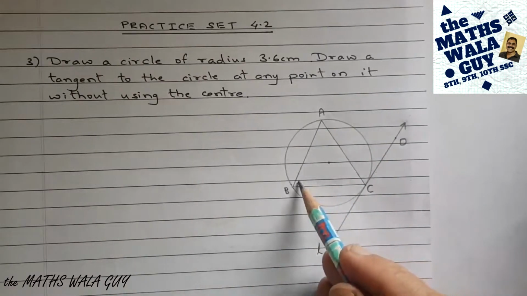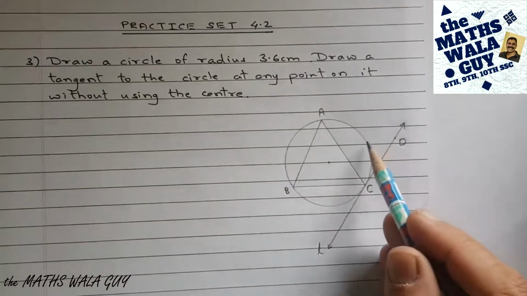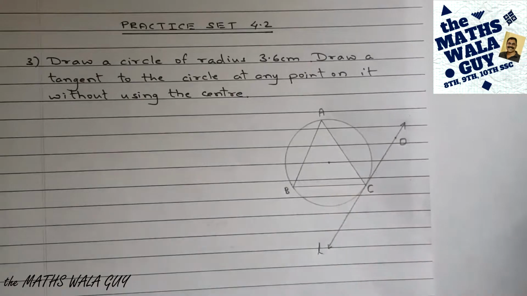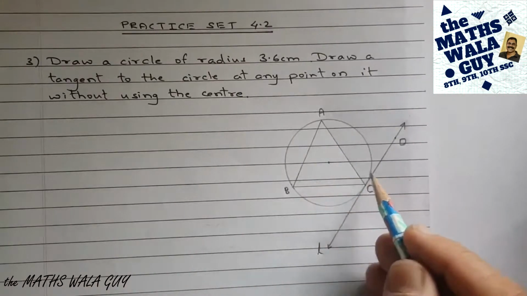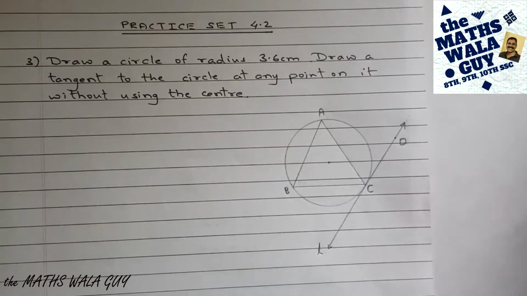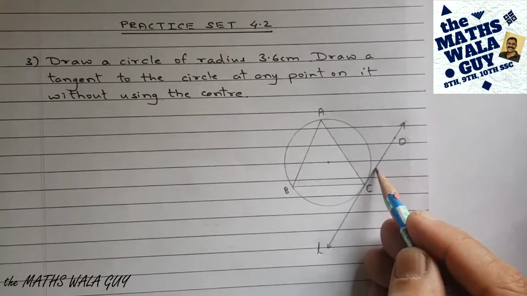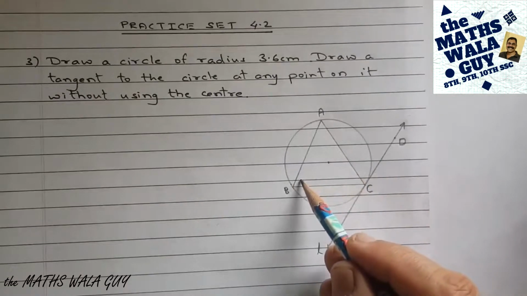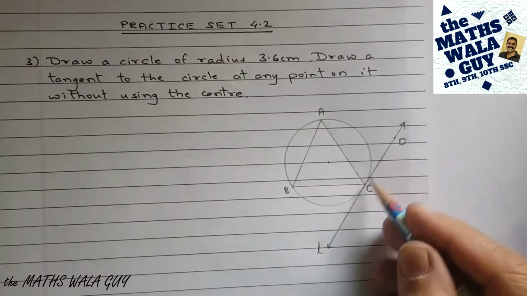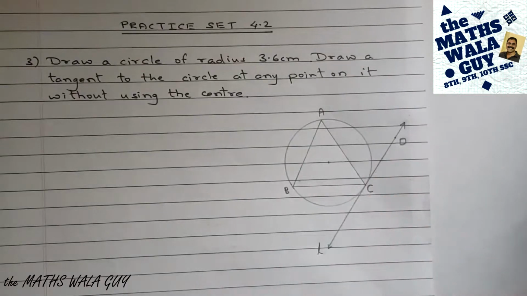Now since both these angles are half of the same arc, the two angles are congruent to each other. So the two angles are congruent only because the line L is a tangent. The converse of this is, if I draw an angle here which is congruent to angle ABC, then the line L becomes a tangent to the circle.